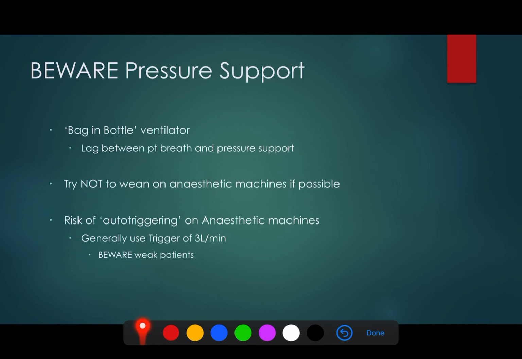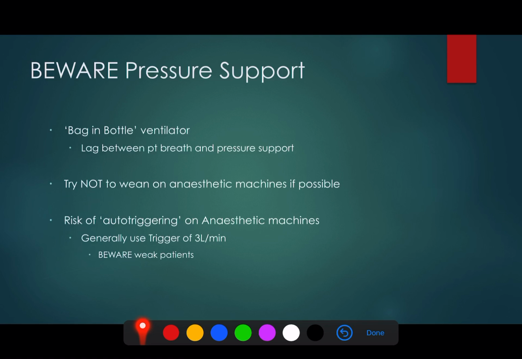Now, I alluded to this at the start, but anaesthetic machines are different in the way that they work compared to intensive care ventilators. And so giving supported breaths at spontaneous ventilation is very different. So if you do see pressure support on anaesthetic machines, especially the older ones, be careful, because it's not quite the same as the pressure support that you get in an intensive care ventilator.